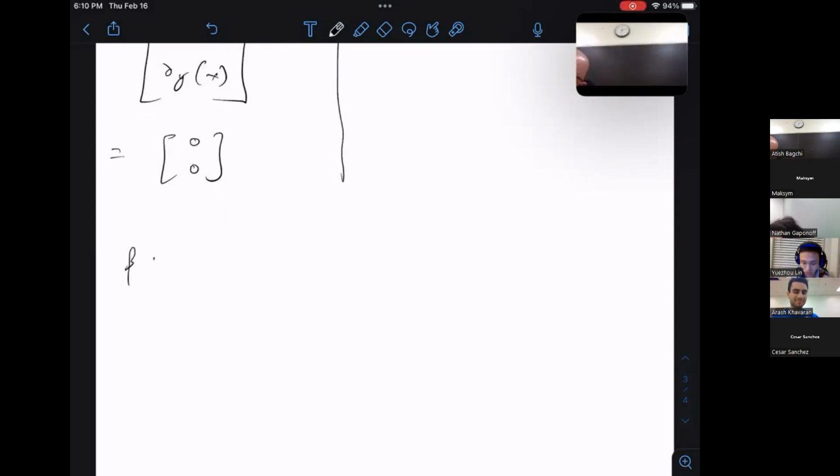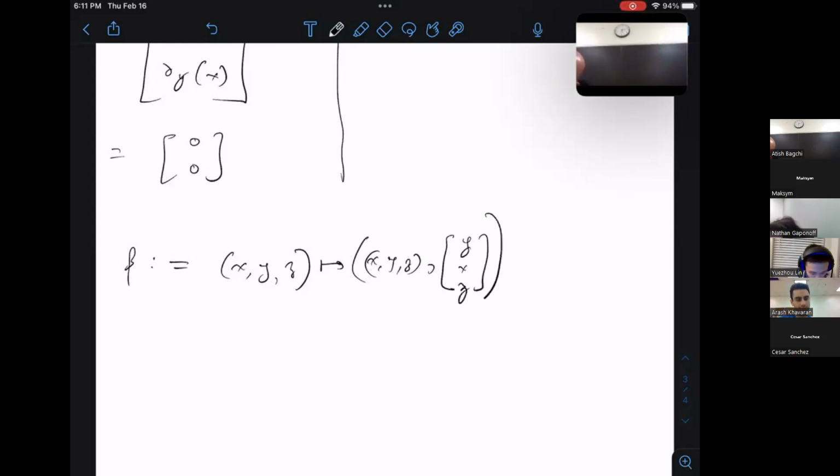So beta of x, y, z, this is going to be in 3 dimensions, 2x, y, z, comma, what shall we make it? Okay, yx. From R3 to R3.